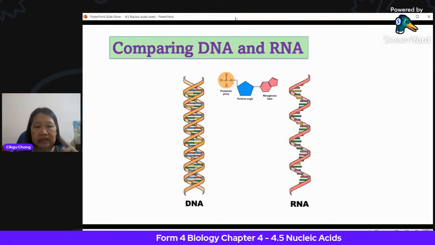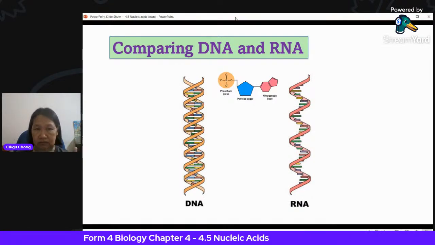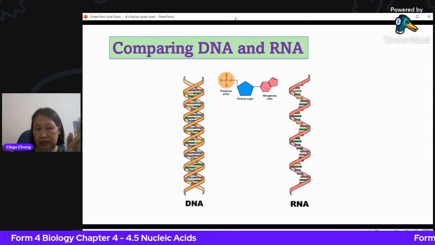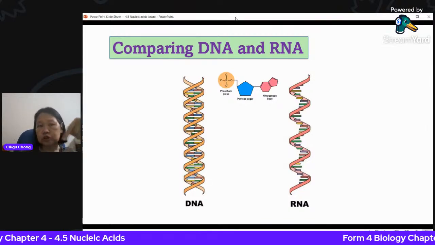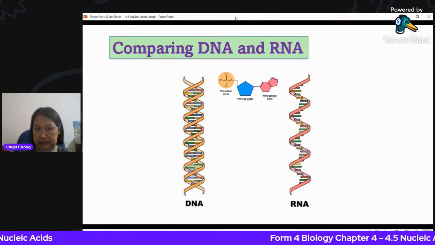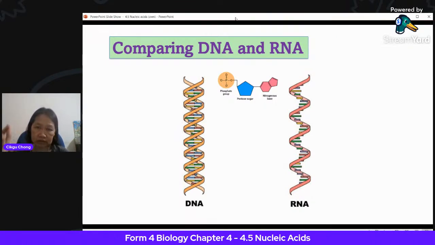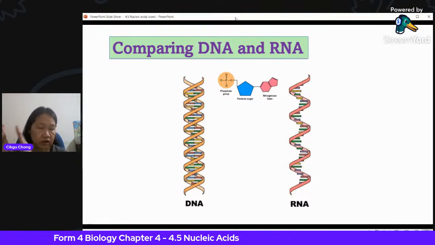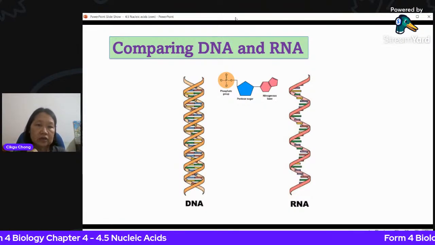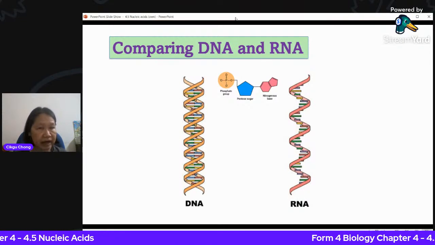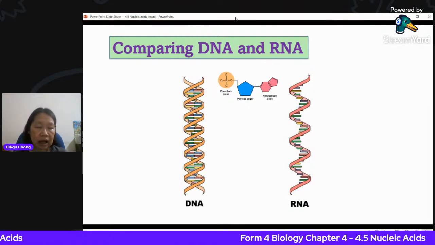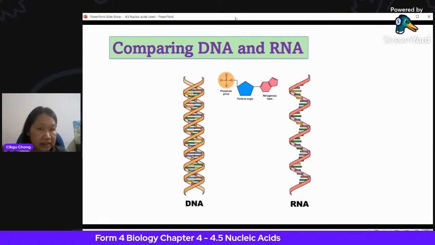DNA is double, a double chain. There are 2 polynucleotides. But for RNA, it's single. There's only 1 chain. They don't have another chain that complements it. So this is a difference. The similarity, just like I mentioned, both are made up of nucleotides. But the sugar is different.